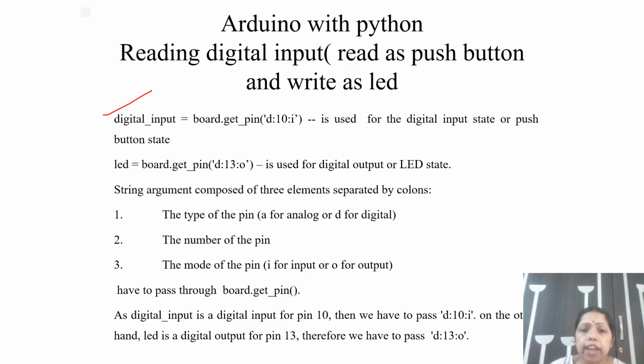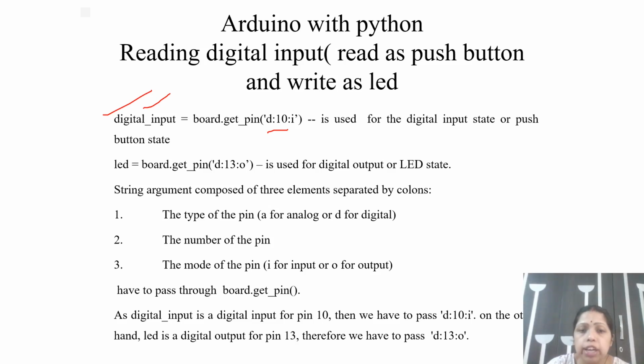Suppose you have connected the push button to digital pin 10. This is the syntax for defining any kind of port, whether input or output. I am storing it in one variable: digital_input is equal to board.get_pin.